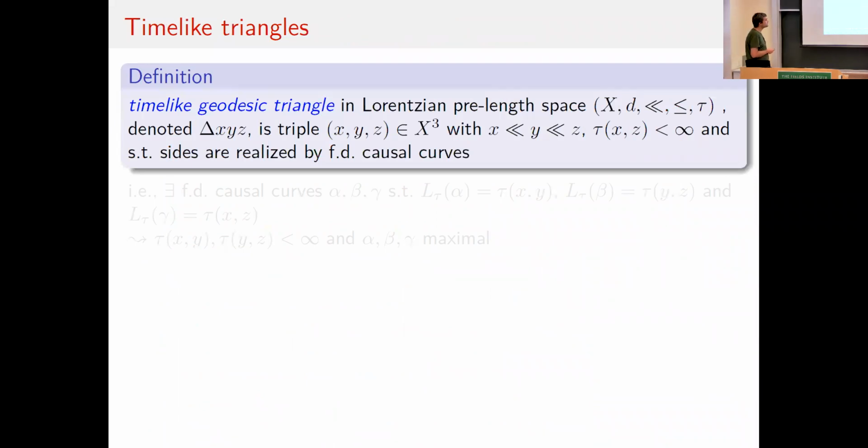Okay, so how can we do this triangle comparison? A time-like geodesic triangle is a triple XYZ.